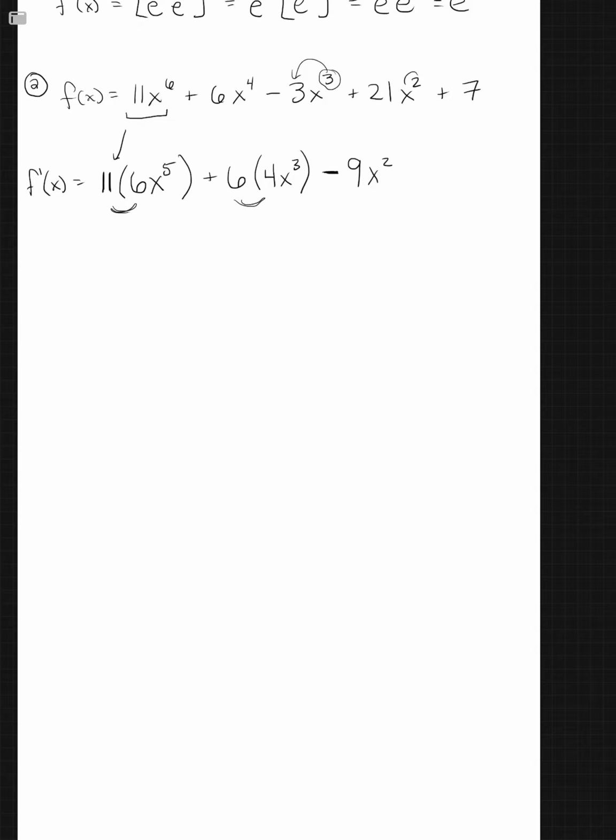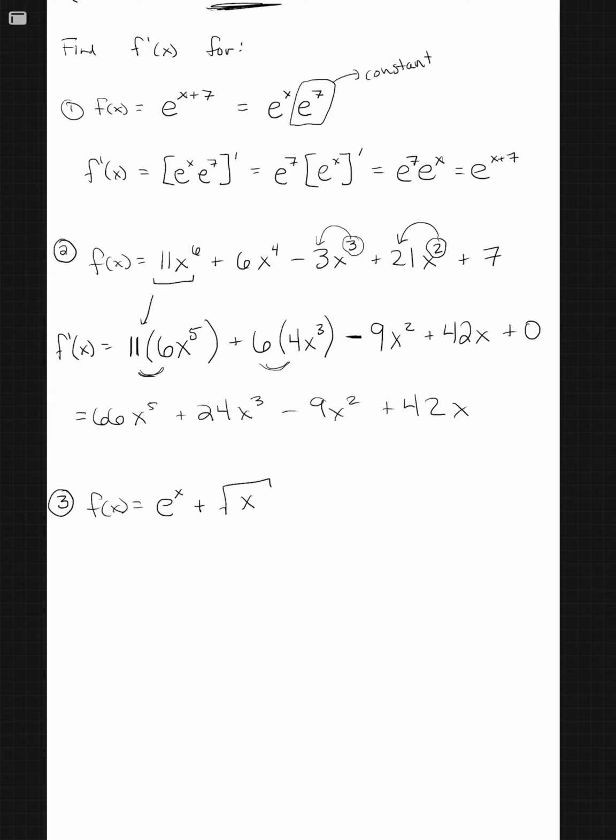Let's see. Let's do one more. Let's do f of x equals e to the x plus the square root of x minus the cube root of x squared.